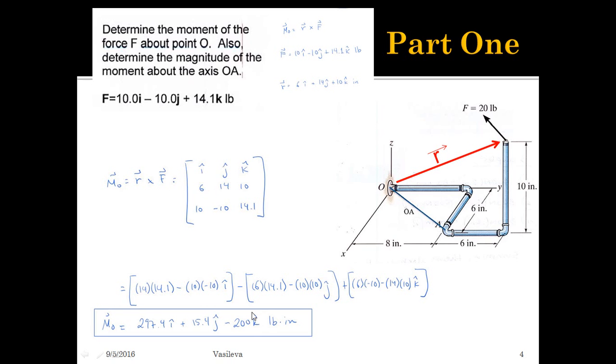Previously you've only ended up with a vector with the k component, but now we have all 3 components. Also make sure you put in your units there. A moment is pound times inches, or force times distance. So our first part was pretty simple in my opinion.